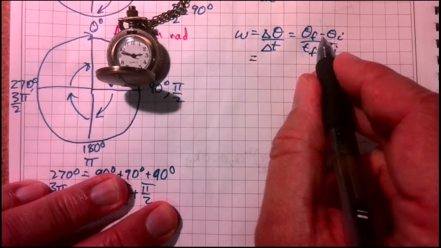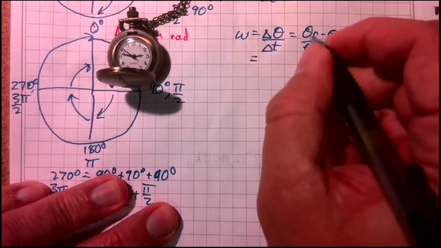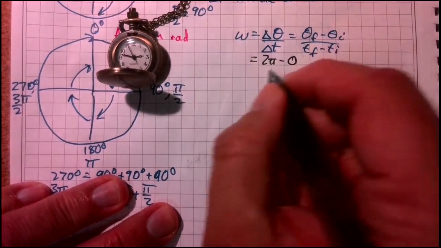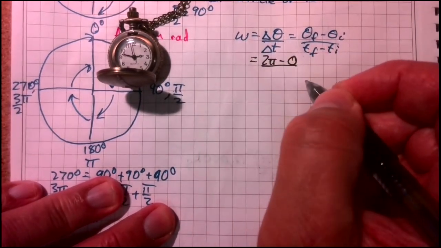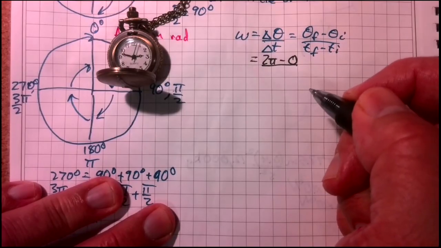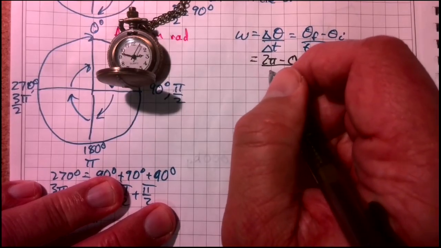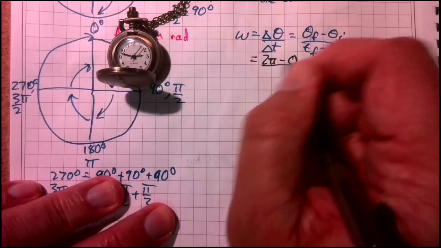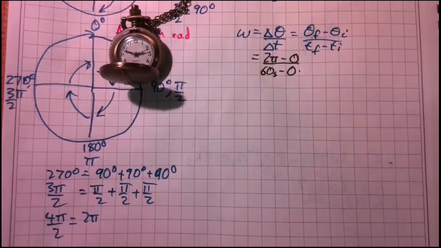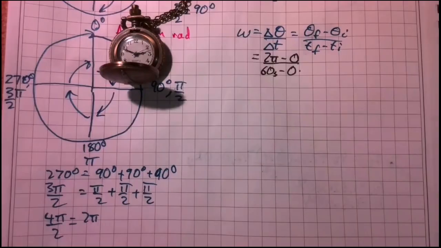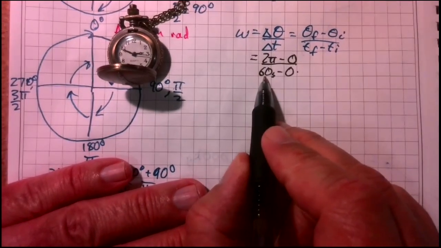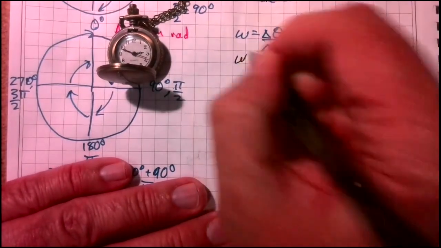Its initial angle, we'll call that 0, and its final angle is going to be 2 pi. So it'll be 2 pi minus 0. The final time will be 60 seconds, and our initial time will be 0. We've got our angle up here, and down here in the bottom, that's our time.